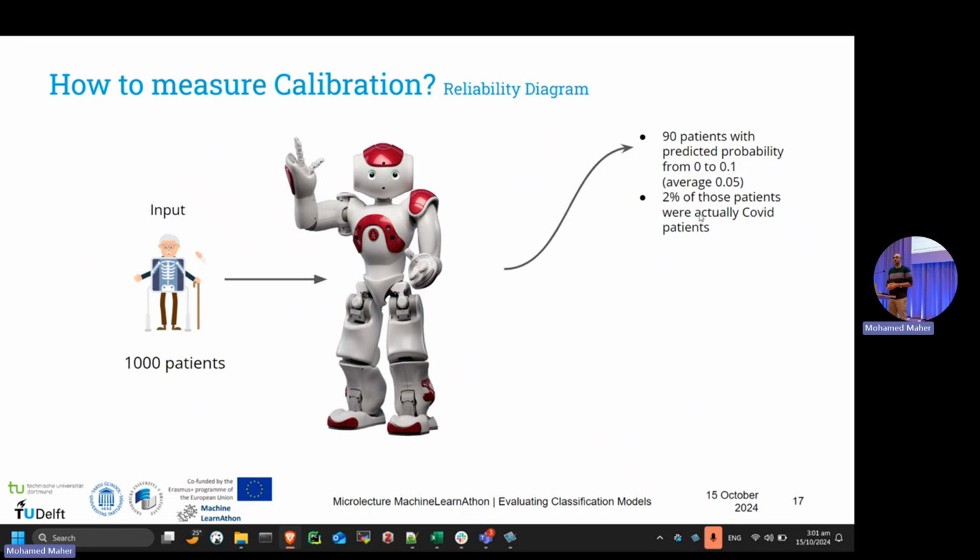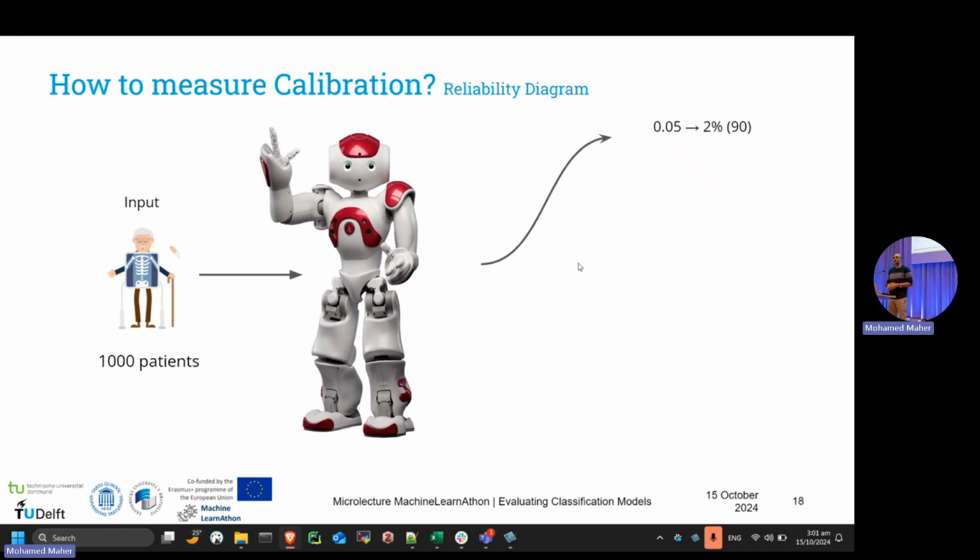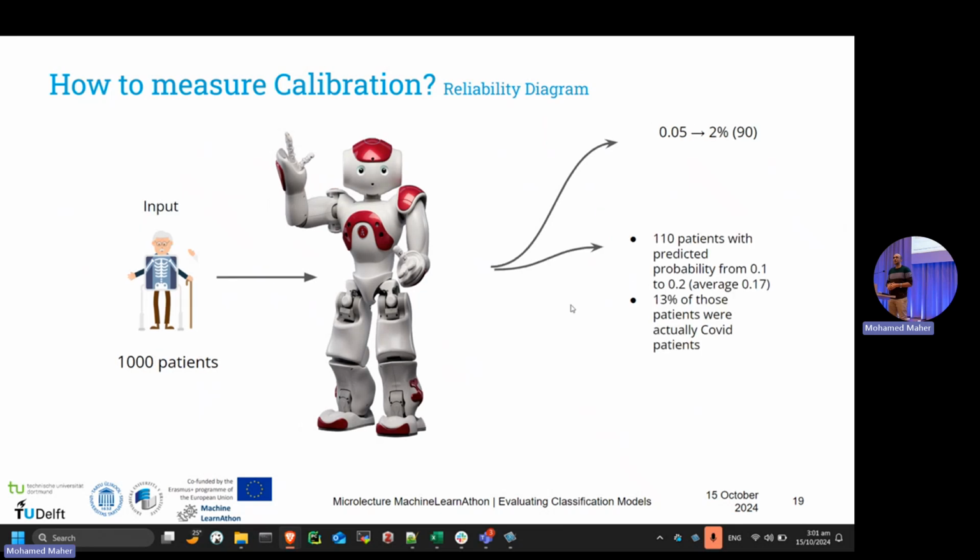And we found out that 2% of those patients were actually COVID patients. So this is the percentage of true labels among patients with 0 to 0.1 predicted probability. For an average predicted probability of 0.05, only 2% are actually COVID patients.